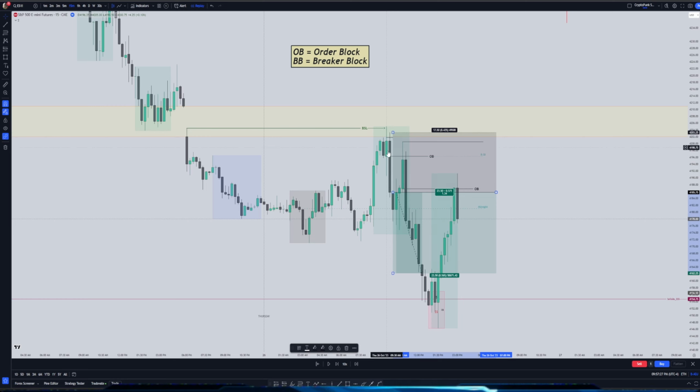Because that's my fair value gap candle, and that also covers my order block open and close price and part of that wick. So that would have been my minimum entry and stop loss, and let's see if it has given me the 1 to 2 or not.